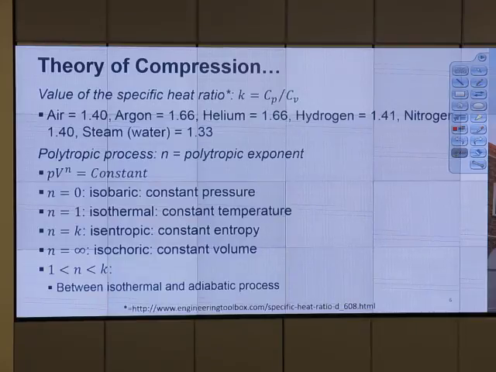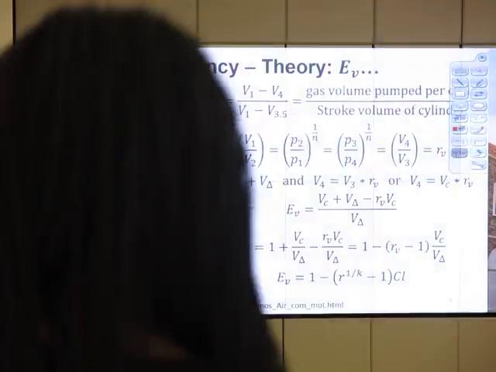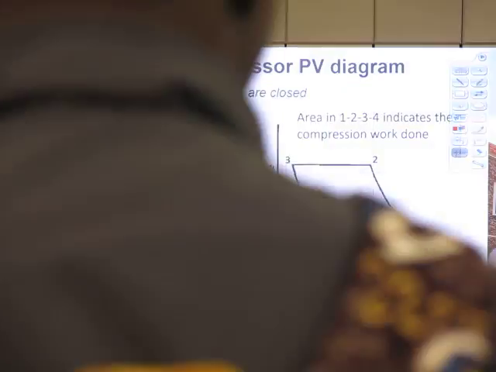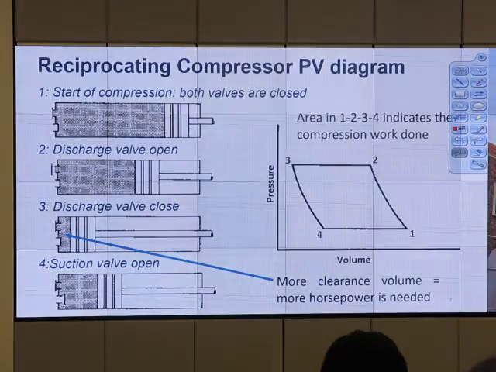Let me review you one more time. Isobaric is constant pressure, isothermal constant temperature, isentropic constant entropy, and isochoric means constant volume. Good? Too easy. Okay. We talked about how the reciprocating compressor works, right?